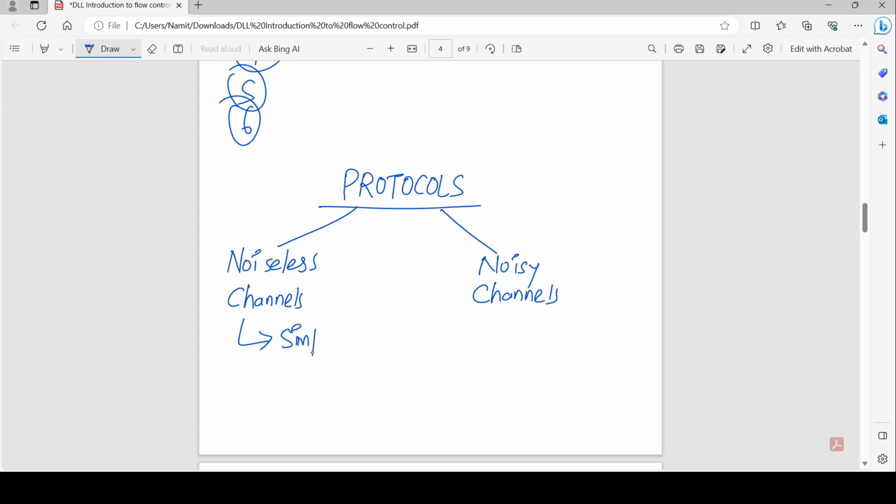For noiseless channels, we have different protocols. The first one is simplest. The next one is stop and wait.